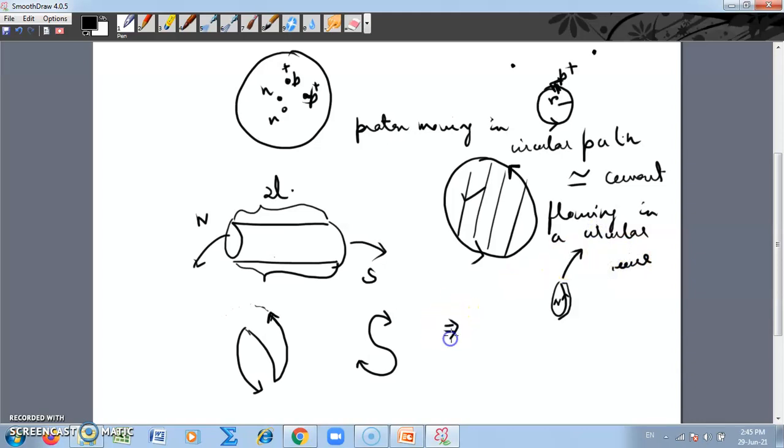That implies a magnetic dipole. That means this also acts like a magnetic dipole.